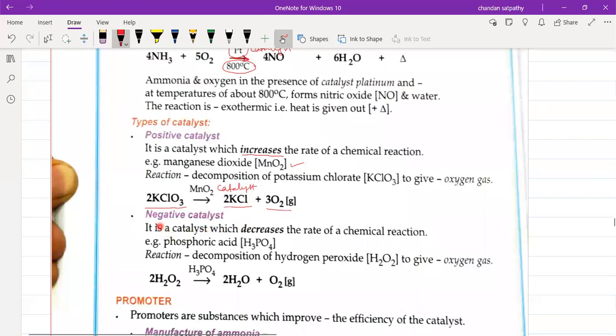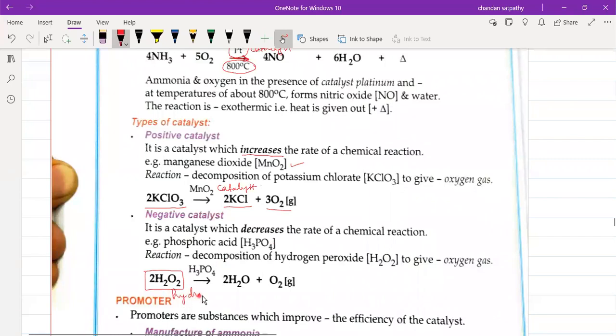Next is negative catalyst. Of course, we can understand what a negative catalyst is. A catalyst which decreases the rate of a chemical reaction is known as a negative catalyst. For example, phosphoric acid acts as a catalyst in the breakdown of H2O2. H2O2 is nothing but hydrogen peroxide.